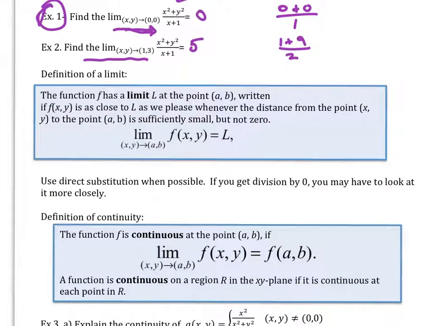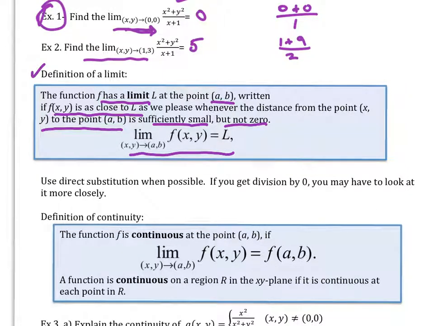So now we have the definition of a limit. We say f has a limit L at the point (a, b), written f of (x, y) is as close to L as we please whenever the distance from the point (x, y) to the point (a, b) is sufficiently small, but not 0. Well, that's just this right here.